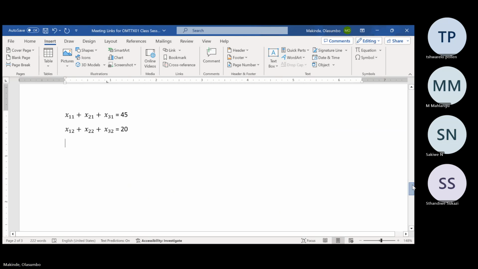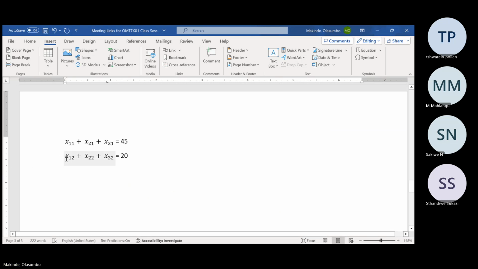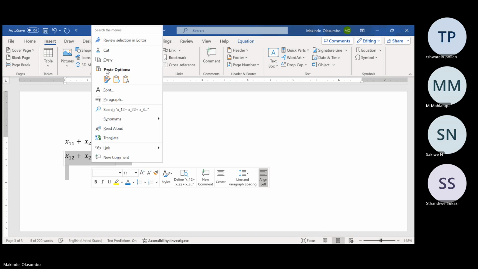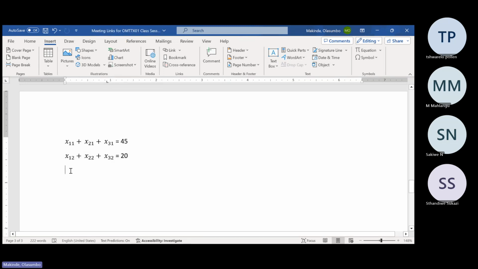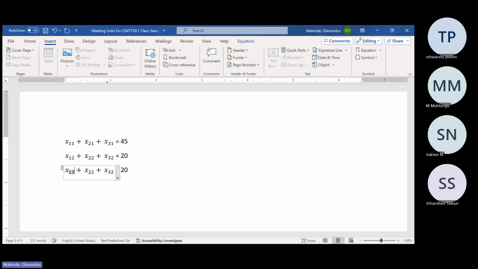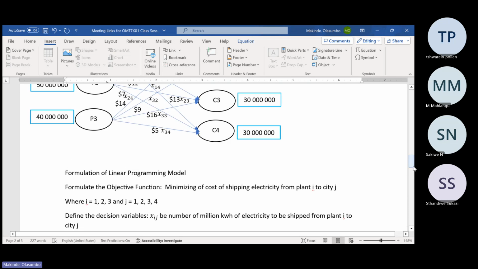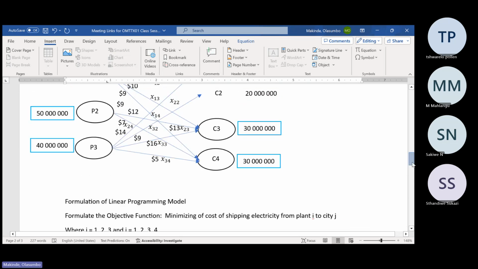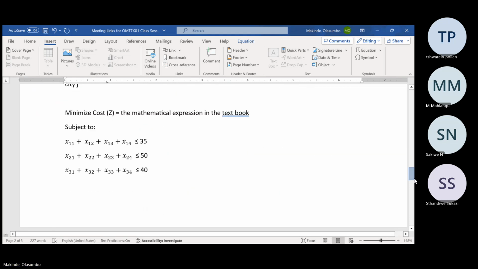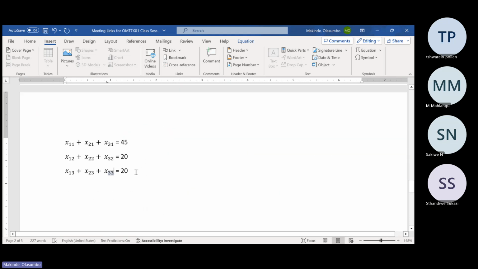X13 plus X23 plus X33 should be exactly equal to the demand for CT3, which is 30 million. So that will give me equal to 30.